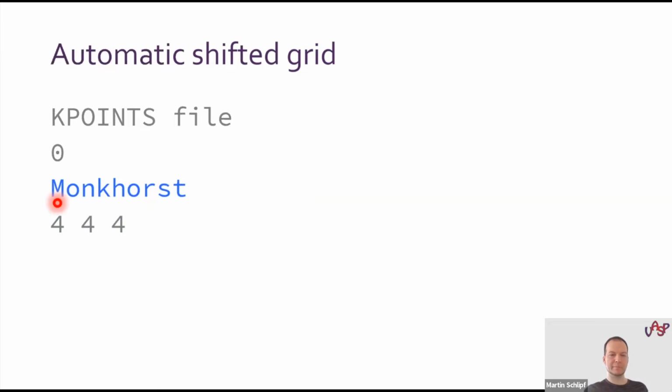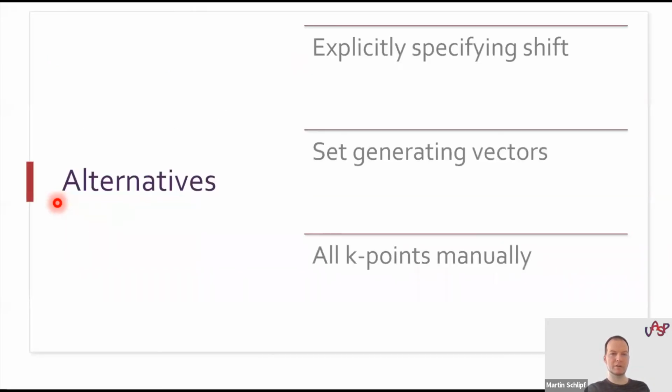I will briefly mention a few alternatives to this automatic mode. One is explicitly specifying the shift. The most proper usage of this is if you want to mix, let's say, a Monkhorst kind of behavior along certain axes with a gamma or in-plane centered version along other axes. But it's not a very common feature. Typically you would either choose a gamma centered mesh or a Monkhorst centered mesh.